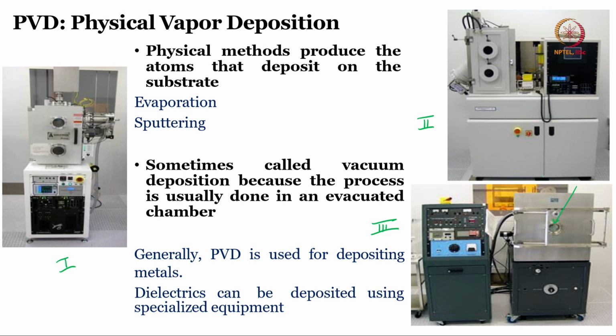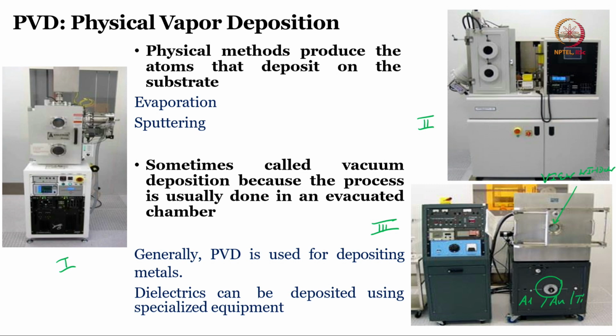This one is a viewing window. Okay. From this we can see the substrate and the source itself. This one is to change the material, like if we want to deposit aluminum, then gold, then titanium.